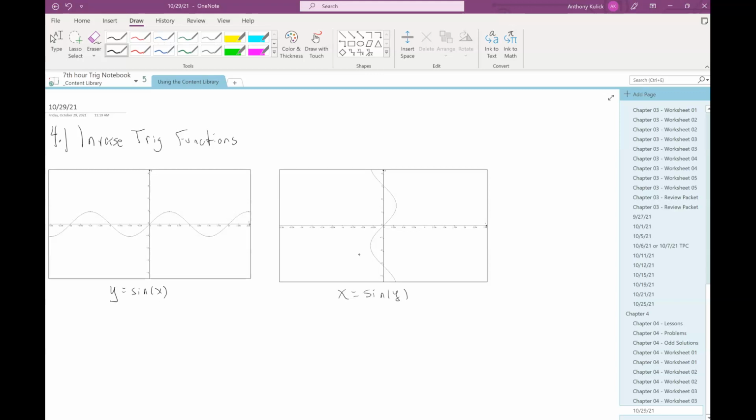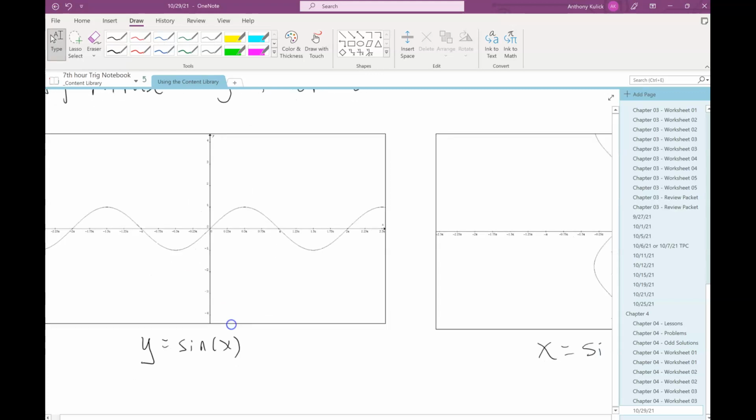So what we typically do in this situation, where we find an inverse and that inverse is not a function, is we go back to the original and restrict the domain. We're just going to consider one section of this graph of sine x. We want a section that covers all the different y values that sine covers, but without any repeating values.